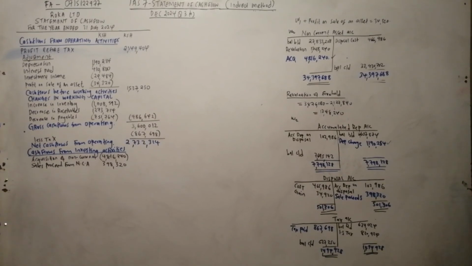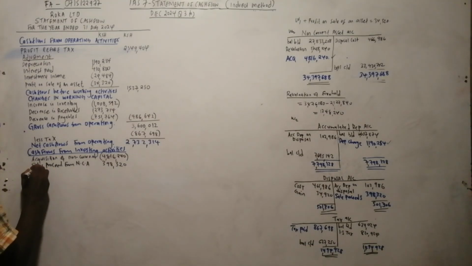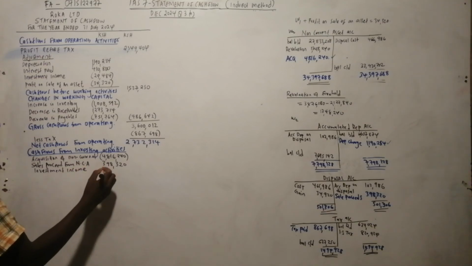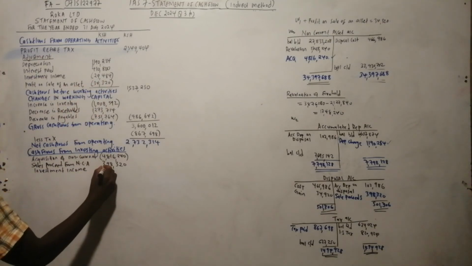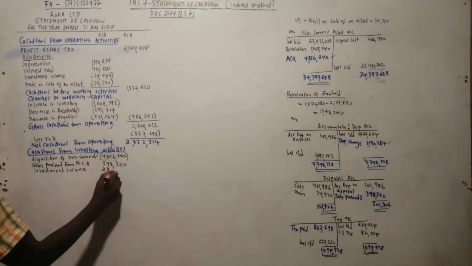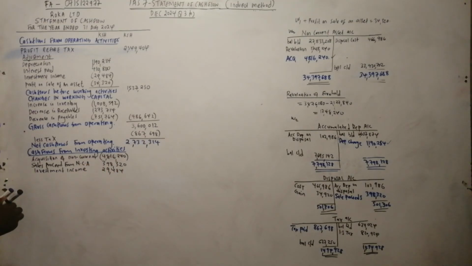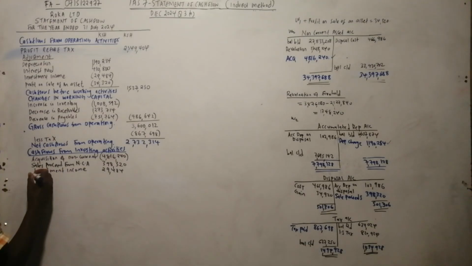Okay, investing from that investment. Let us put it here. Investment income. So it was an income, so 29484 inaingia.